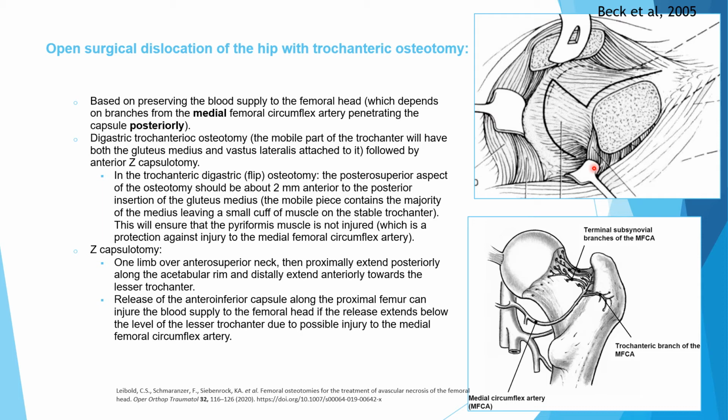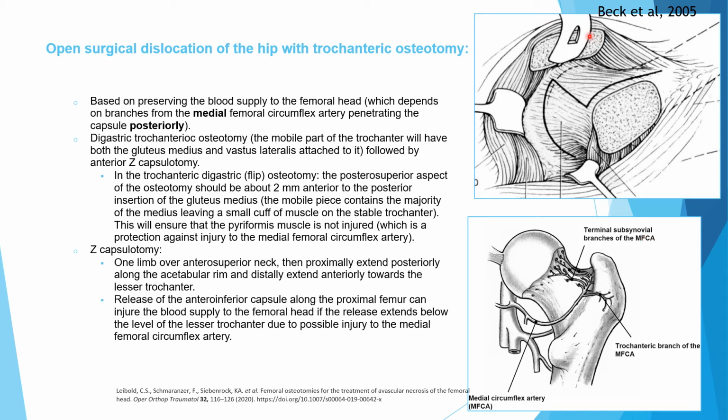The piriformis is an indication that the medial femoral circumflex is not injured, so you need to keep this muscle intact and attached to the stable trochanter in order to make sure that the medial femoral circumflex artery is maintained and not injured.